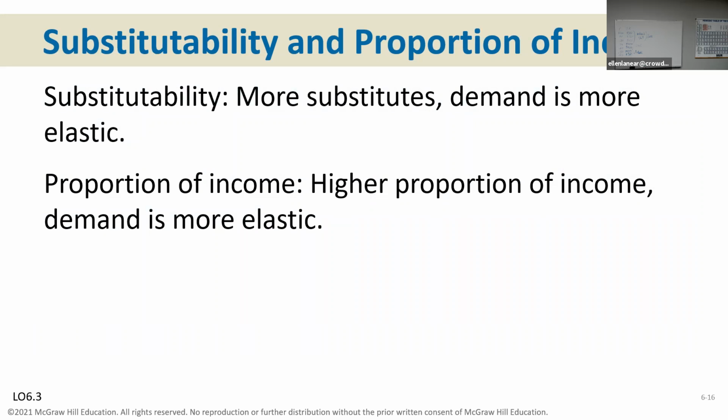That's pretty elastic. The higher the proportion of income, the more elastic the demand. You're going to shop around when you're looking for a car or a new computer. It's more expensive, a bigger part of your income.